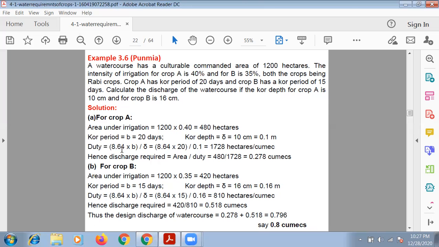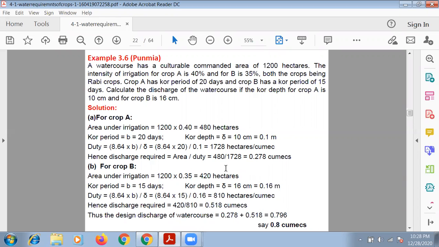So 8.64 into B, which is 20, divided by depth delta, 0.1. So it is 1728 hectare per cumec. So now the discharge required is area divided by duty, which is nothing but area 480 divided by duty 1728. So it is 0.278 cumecs.